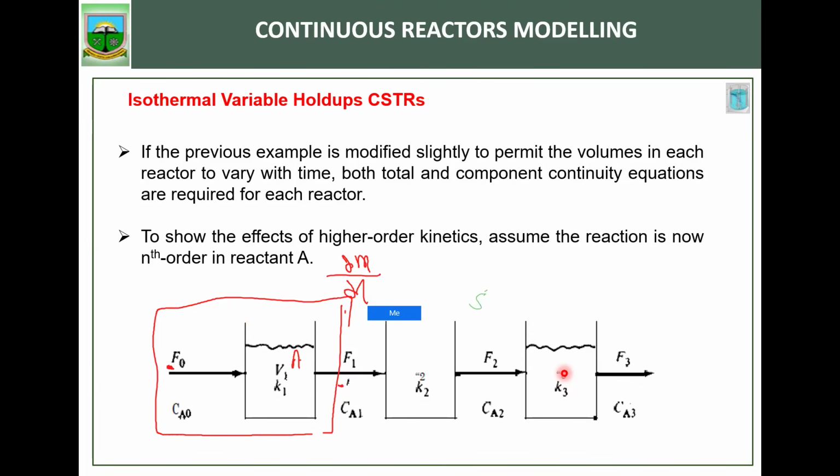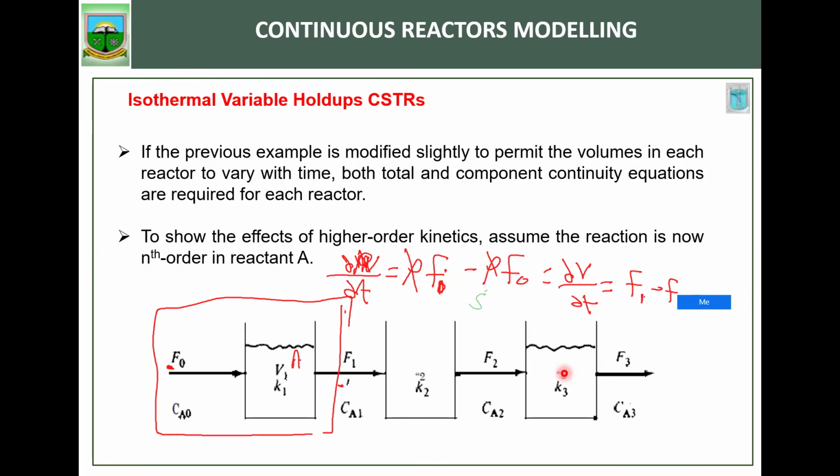Mass accumulation, d/dt, equal to rho input minus, sorry, rho output. The density is this. This one would have been rho F. Density will also. So therefore, you're going to have rho dV/dt is equal to rho F0 minus rho F1. So that is the total continuity equation for reactor 1.